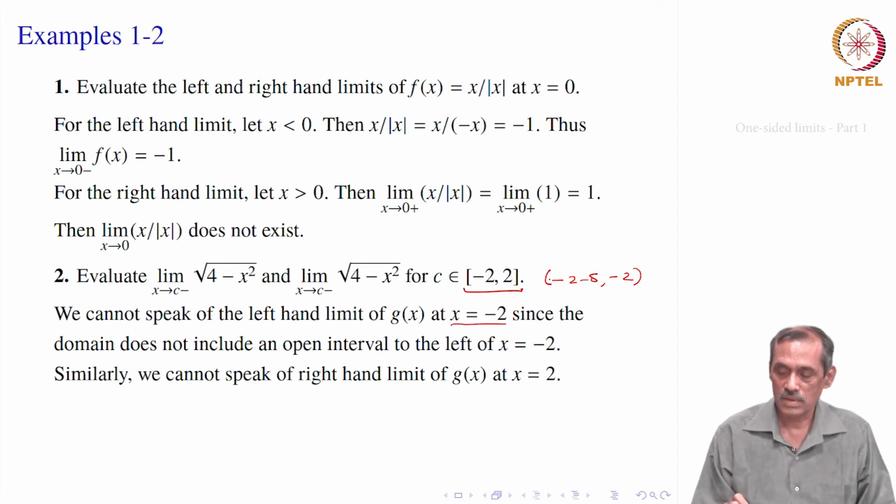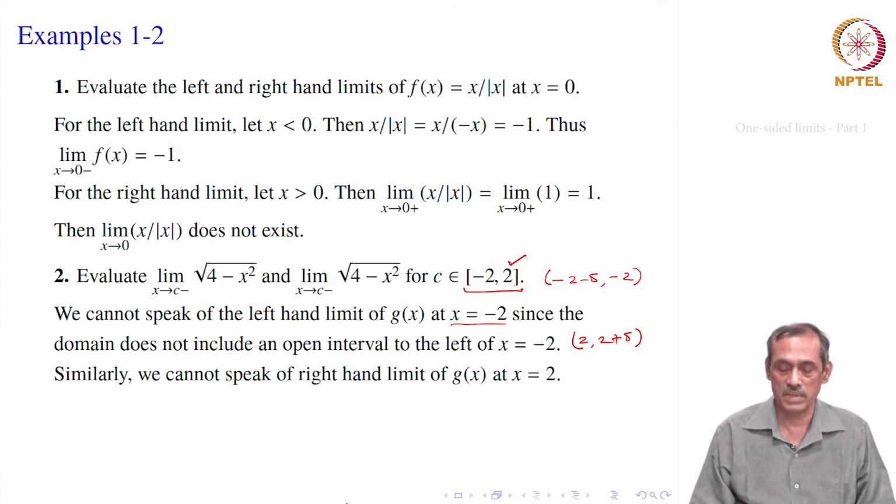Such a neighborhood should be inside the domain of the function, but the function is not defined there. The function is defined only after minus 2. So, the left hand limit of this function, call it g x, square root of 4 minus x square, is not meaningful really. So, we cannot speak of that limit. Similarly, we cannot speak of the right hand limit at x equal to 2, because in that case we would need an interval of the form 2 to 2 plus delta where the function should be defined.